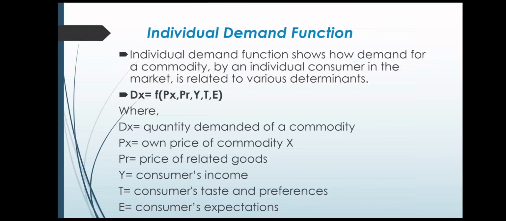So the formula for individual demand function is Dx = f(Px, Pr, Y, T, E), where Dx is quantity demanded for a commodity, Px is own price of commodity x, Pr is price of related goods, Y is consumers' income, and T is consumers' taste and preferences.